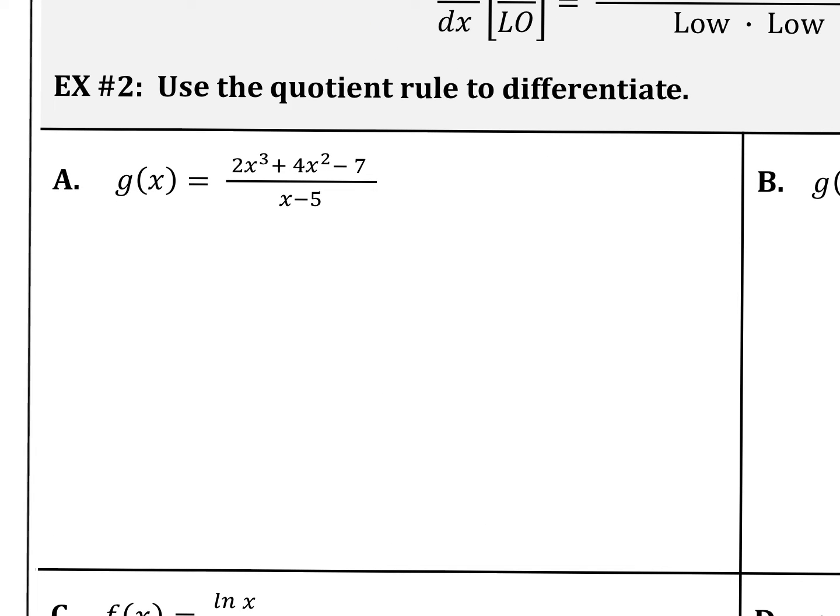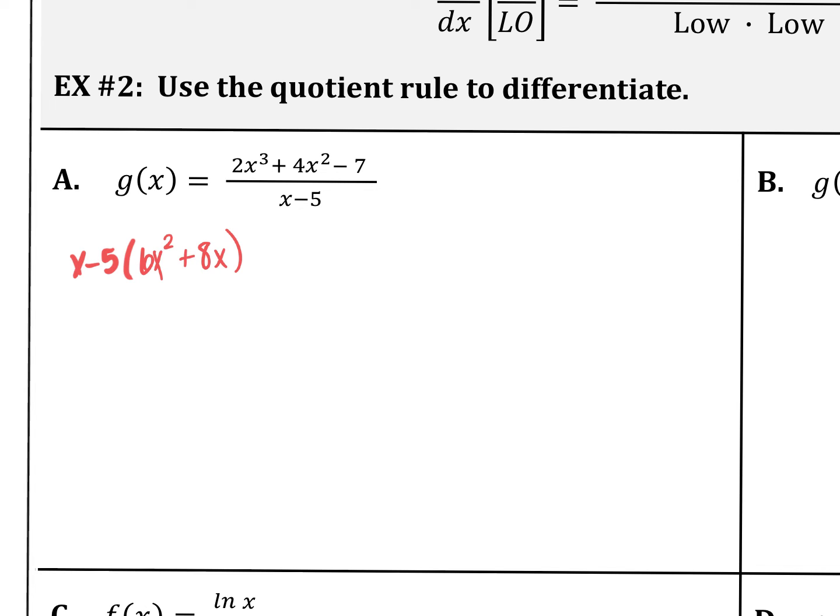We're going to do the bottom, which is x minus 5, times the derivative of the top. So 3x squared, 6x squared plus 8x.